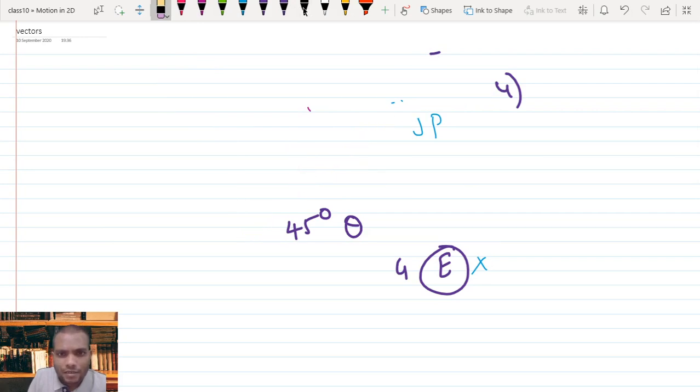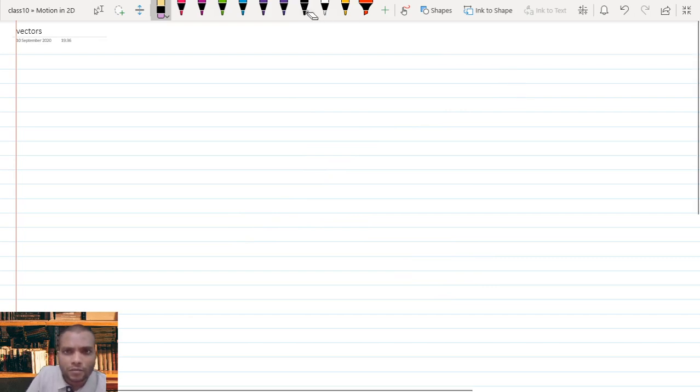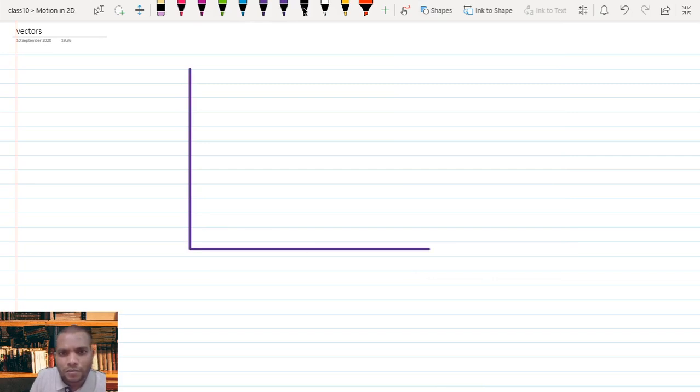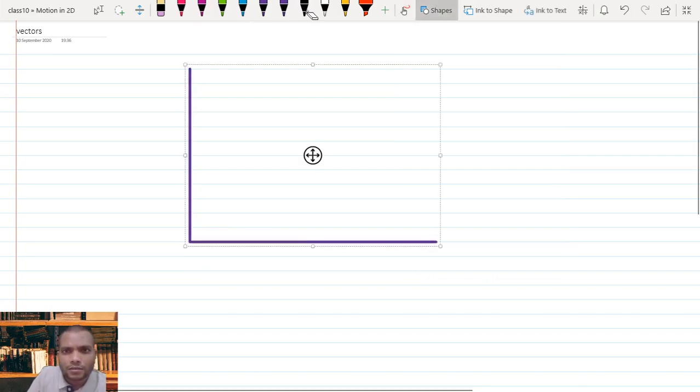The second type of vector is known as the displacement vector. How do you define displacement? The change in position. Suppose this is a coordinate axis.